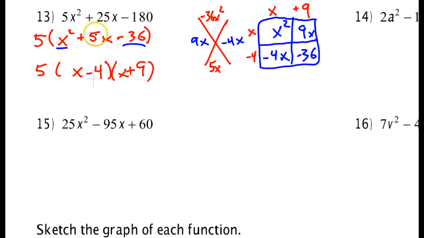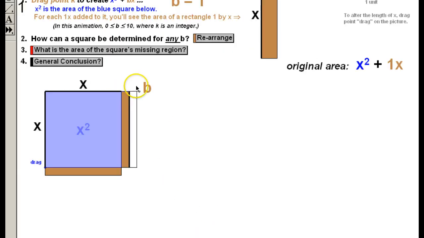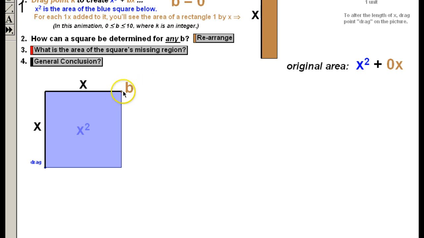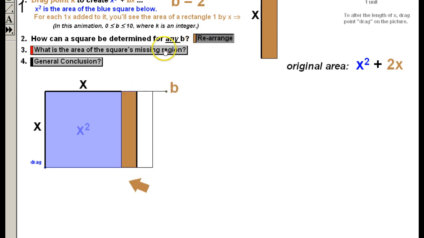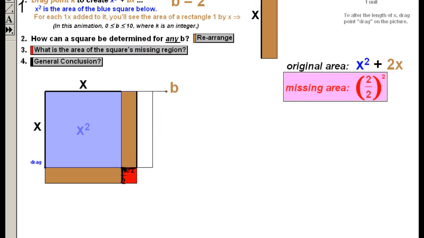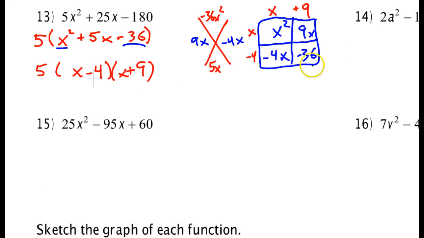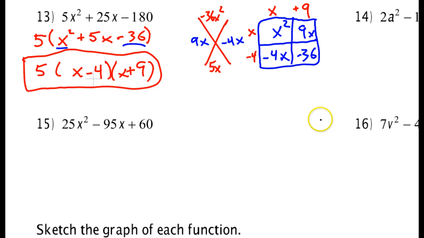I took half of this number, squared it, and saw if it followed this model right here. If the number doesn't match up, I need only one square. If you don't have a plus 1 there, something's wrong. So we just have to factor it right here. And again, don't forget the 5 in the front.